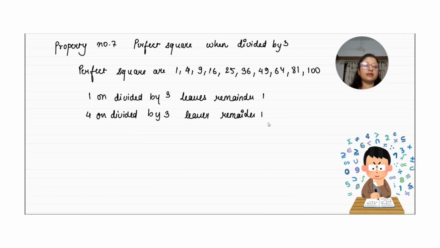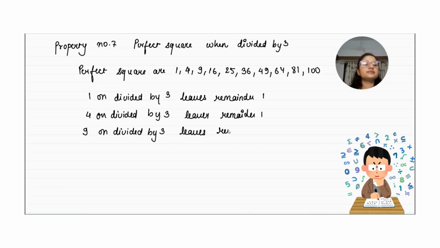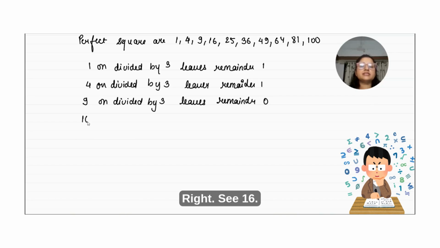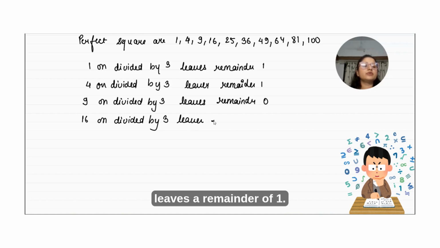Now, suppose 9. 9 is being divided by 3. What will happen? It leaves a remainder of zero. Right? See, 16 divided by 3 leaves a remainder of 1.